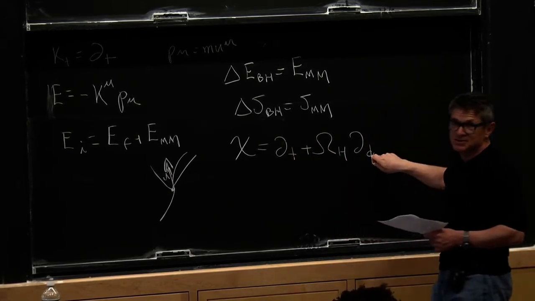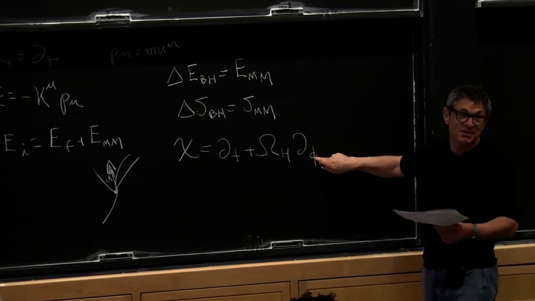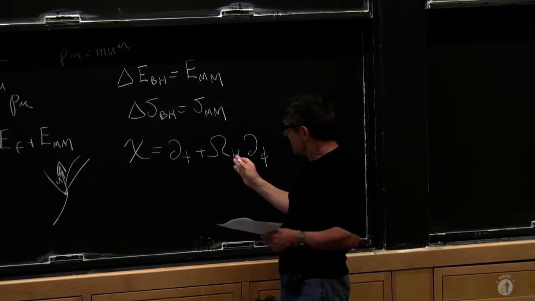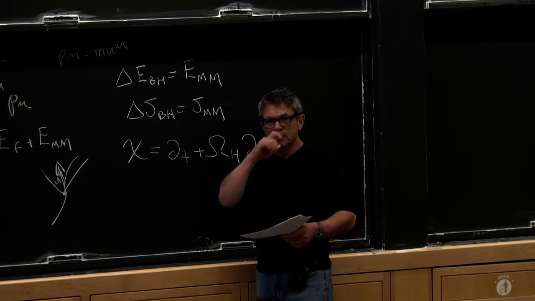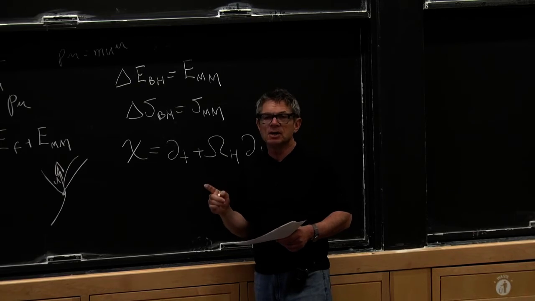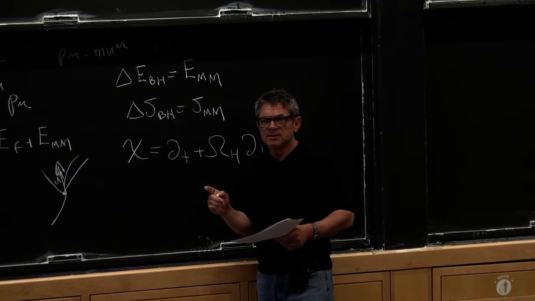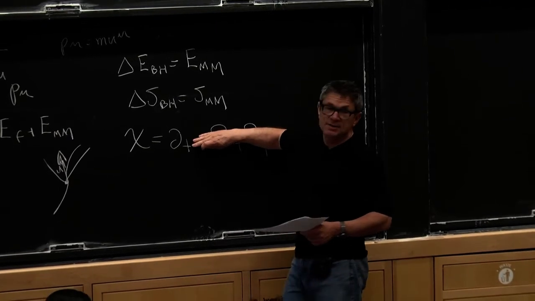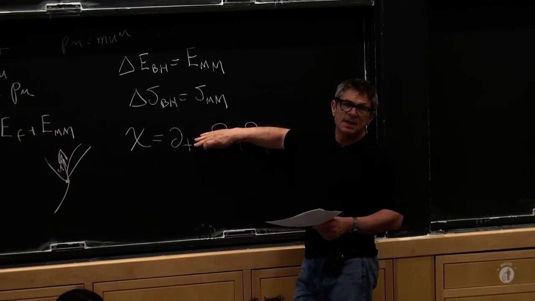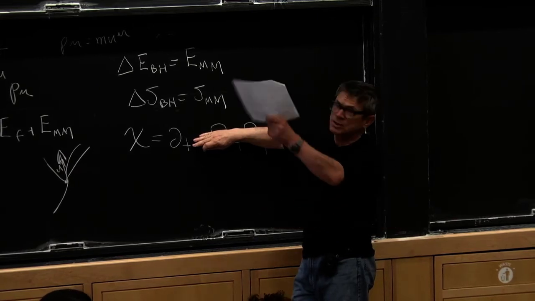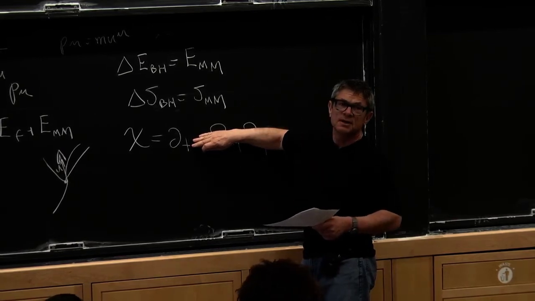So of course, it's also a Killing vector field, because it's a linear combination of two Killing vector fields. And this constant is determined by the requirement that chi be null on the horizon. In Schwarzschild, you just take chi equal to d by dt, and d by dt is null on the horizon. But that's not true in Kerr, as one can easily check.